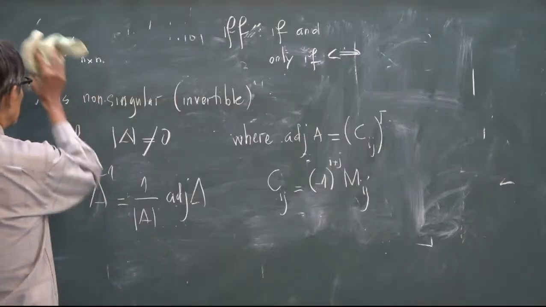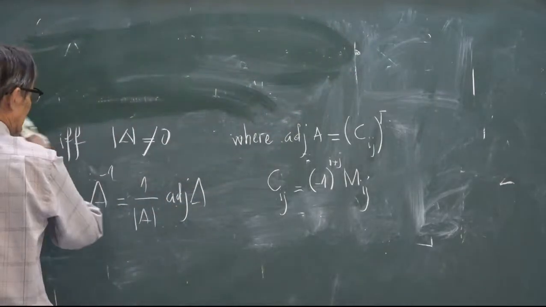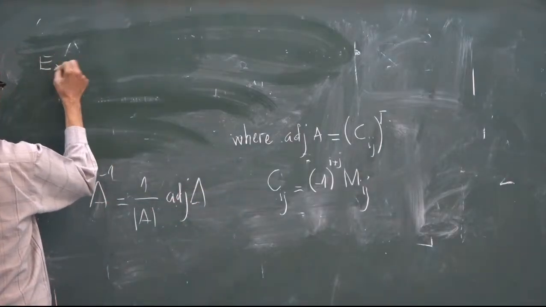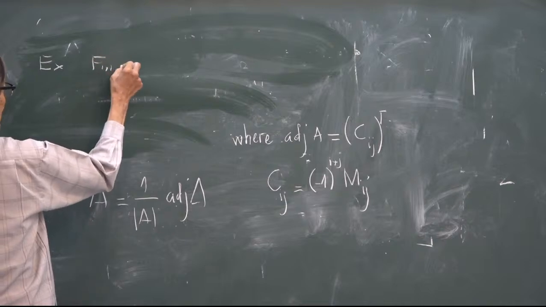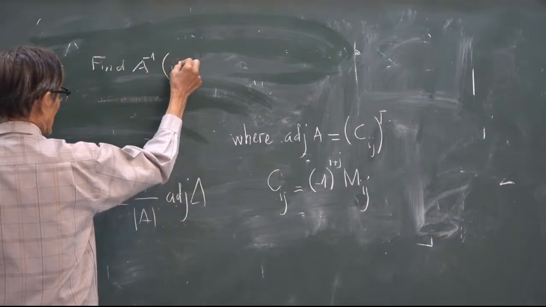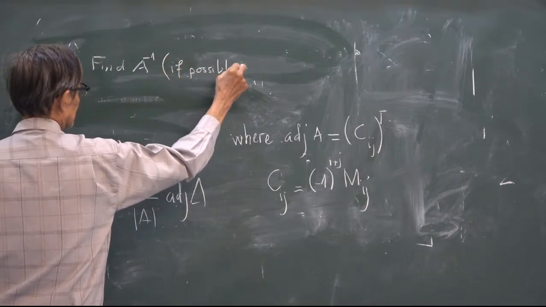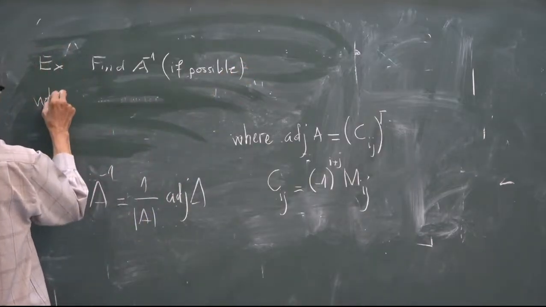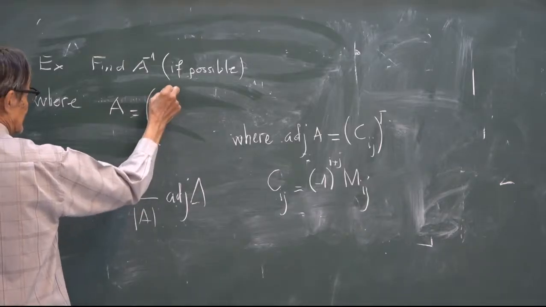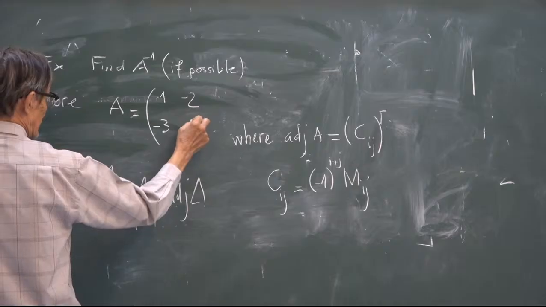For example, find the inverse of A if possible, where A is the square matrix 1, minus 2, 3, minus 3, 4.